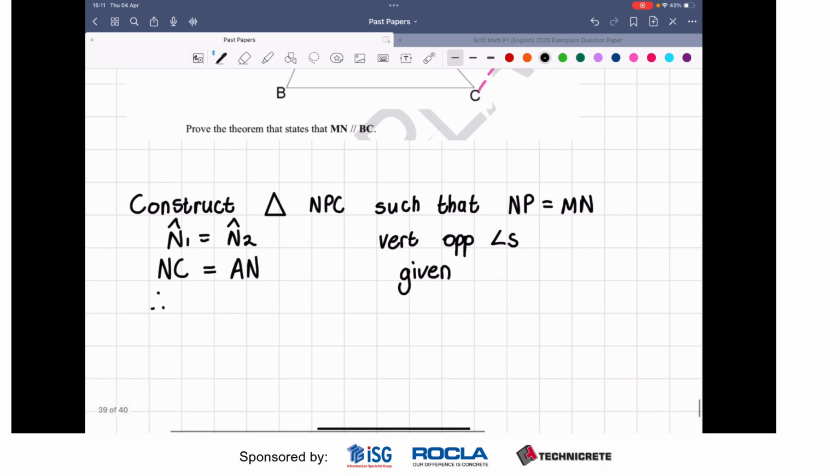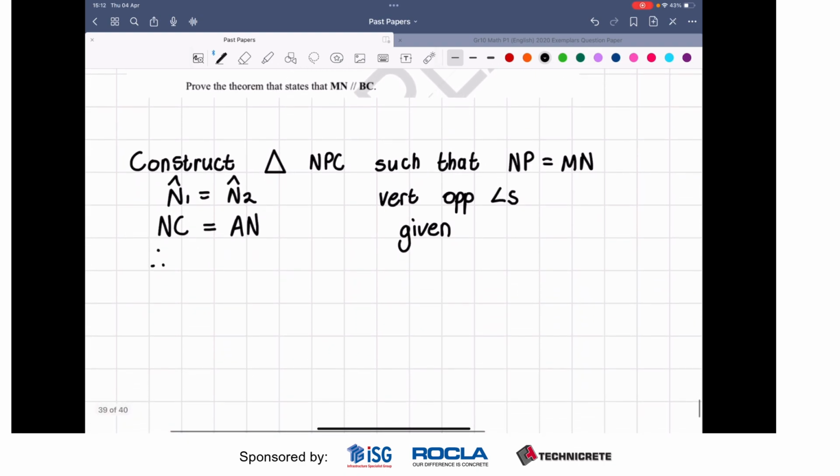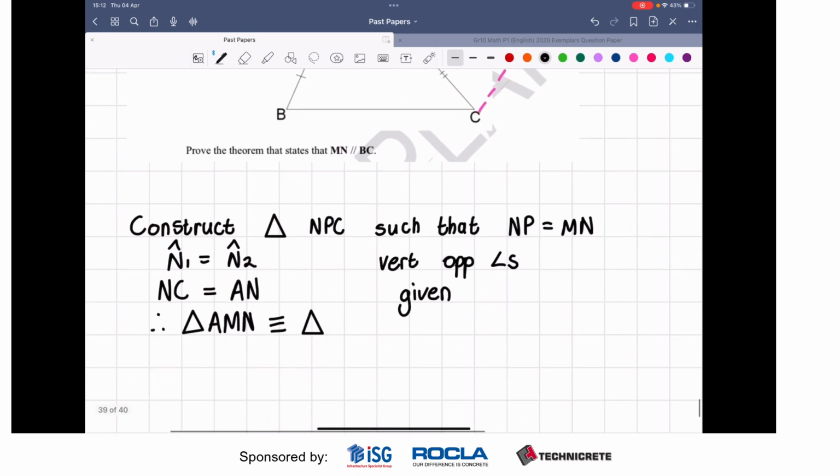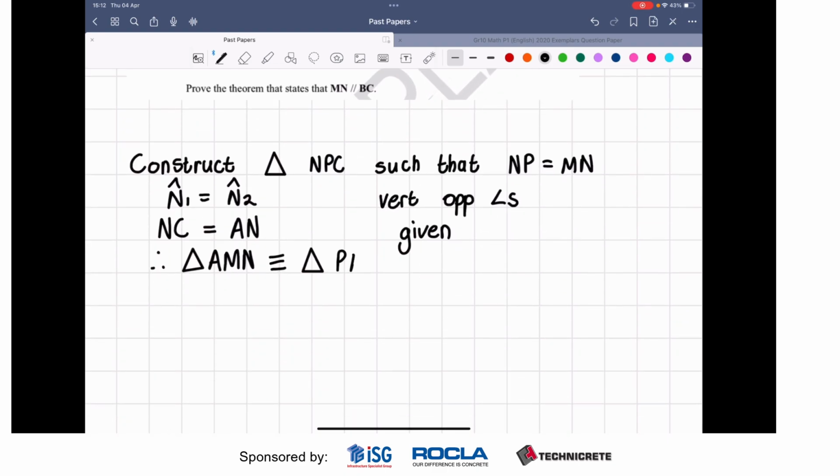Therefore, triangle AMN is congruent to triangle PNC.